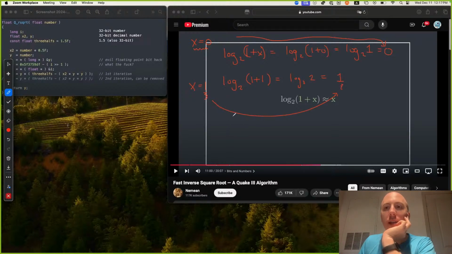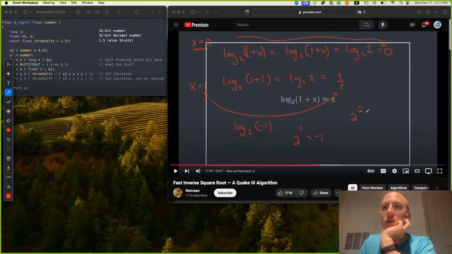Recall that log of negative numbers is undefined. Like log base 2 of -1 is saying 2 to what power is equal to -1. You can't raise a positive number to any exponent and get a negative number.